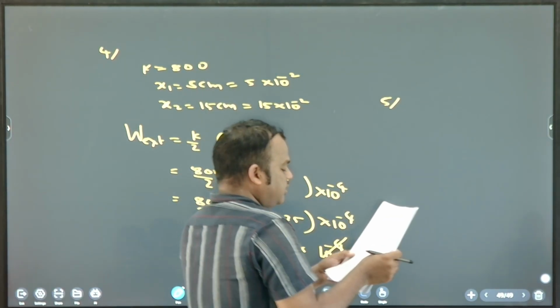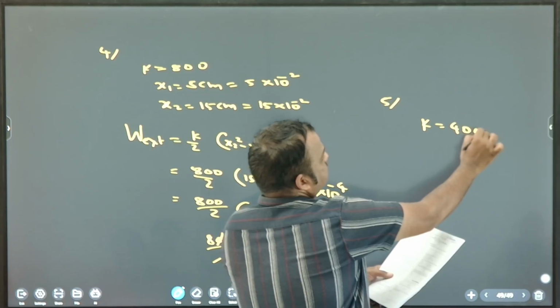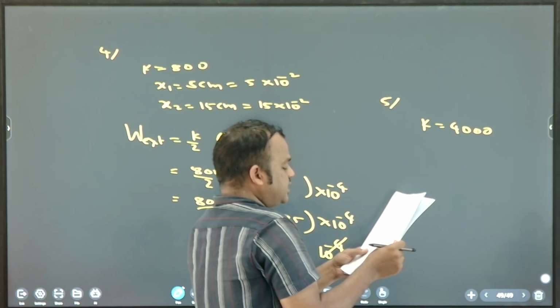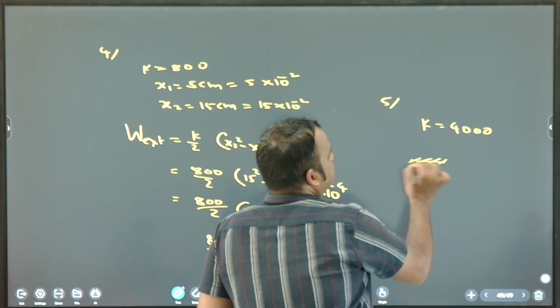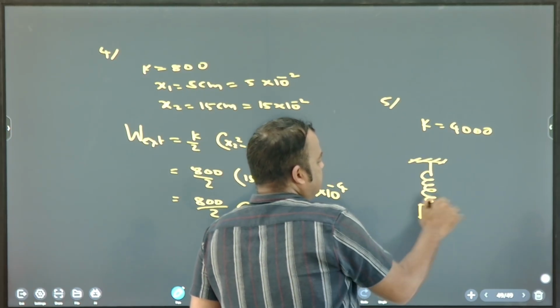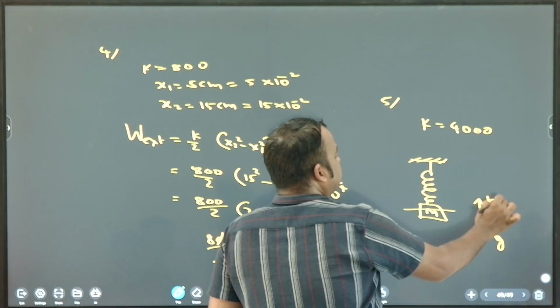Fifth. The length of the spring is 60 centimeter, spring constant 4000. A mass is hung from it, find the extension produced. So x naught is mg by k. Suppose this is the spring and mass m is hung. Downward force is mg, upward force is kx naught.